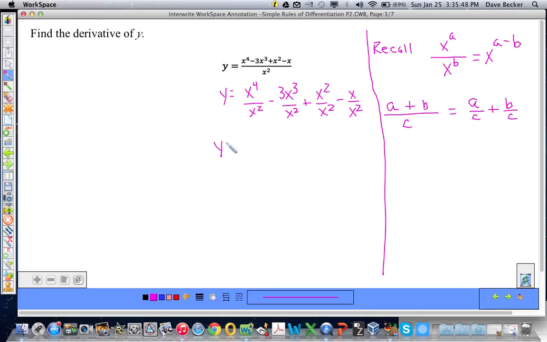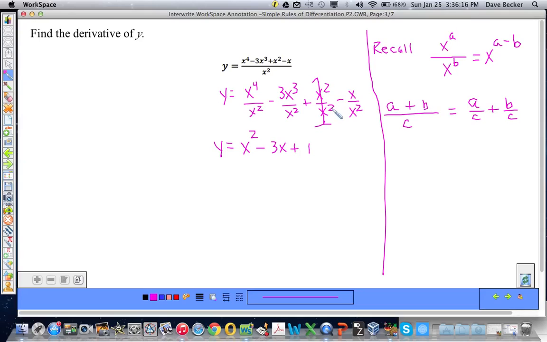So y equals x to the fourth over x squared. 4 minus 2 is 2, so this becomes x squared, minus the 3 just stays. x cubed over x squared: 3 minus 2 is 1, so that's x to the first, or just plain x. x squared over x squared, same thing over the same thing, is equal to 1, so that's plus 1.